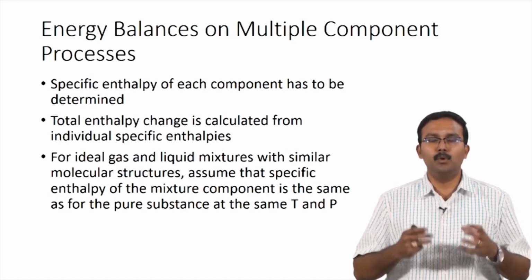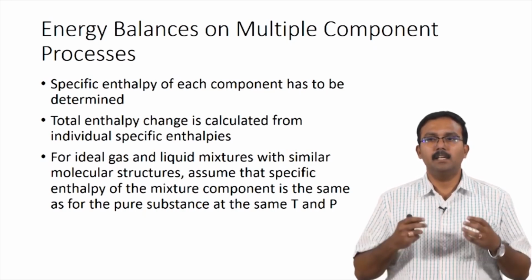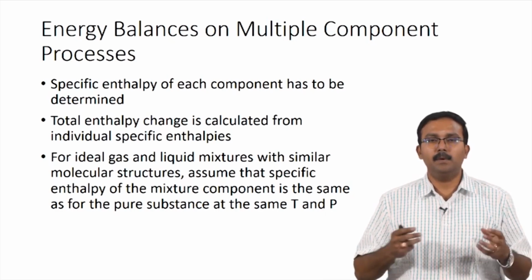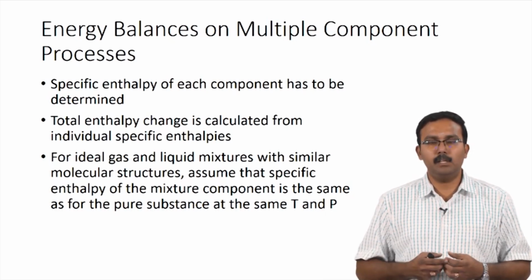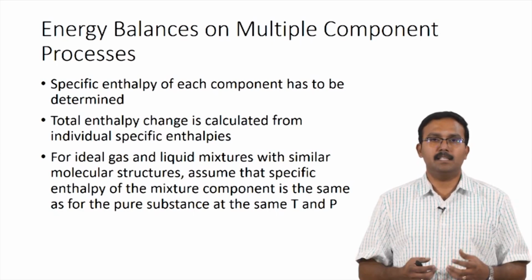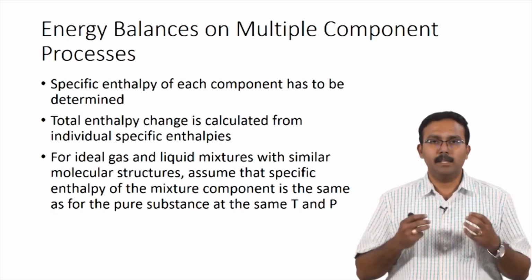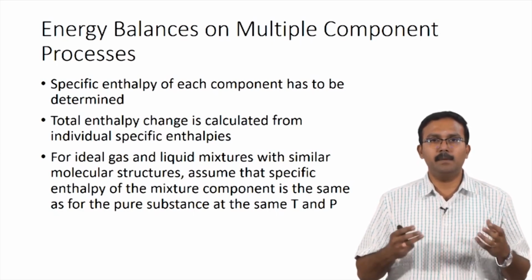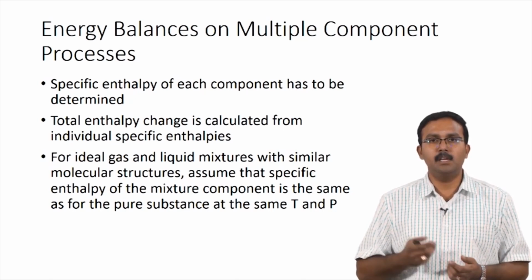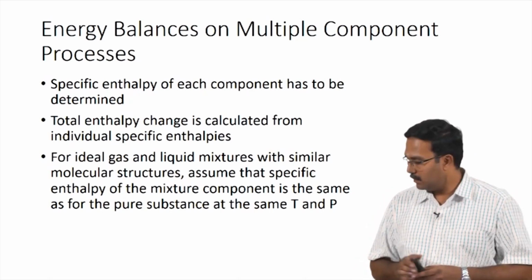This is true only under ideal conditions. If there is a non-ideality where there can be interactions between the molecules present in the mixture, this assumption will not be valid. So, initially we will start with ideal mixtures and solutions to perform these calculations.